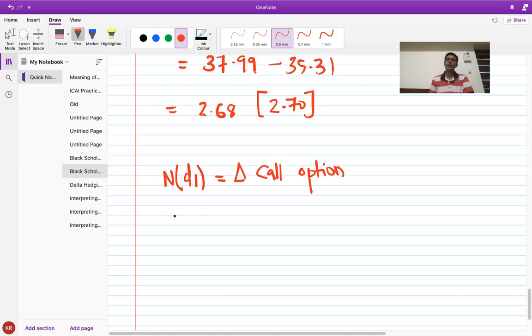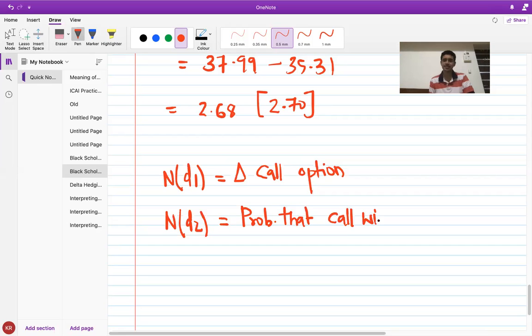Next, ND2 is the probability that the call will get exercised. ND2 basically represents the probability that a call option will get exercised.